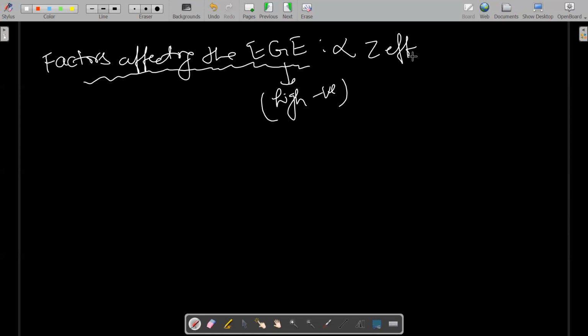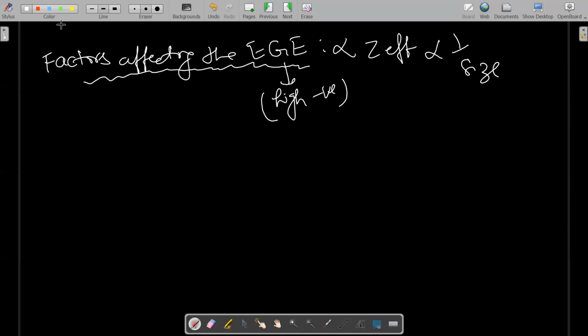If effective nuclear charge is more, the electron will be added easily. And all of you know, if effective nuclear charge is more, the size will be less. So electron gain enthalpy is directly proportional to effective nuclear charge and inversely proportional to size. These are the main factors on which electron gain enthalpy depends.